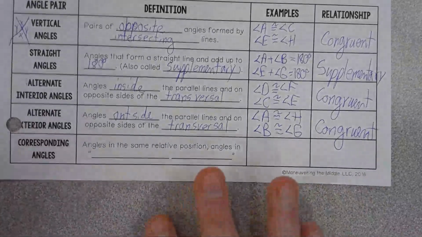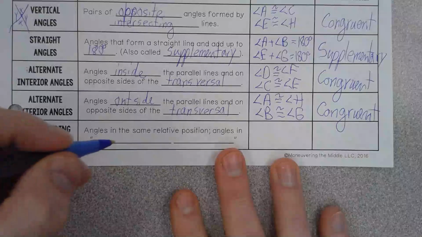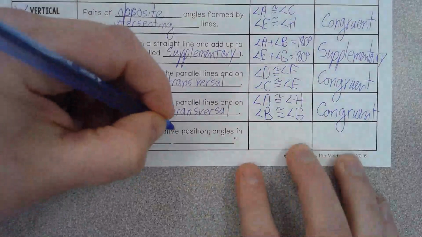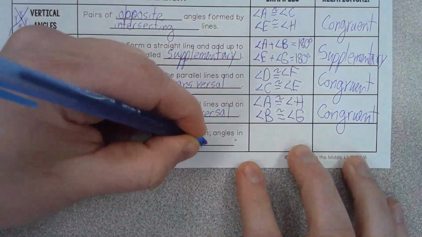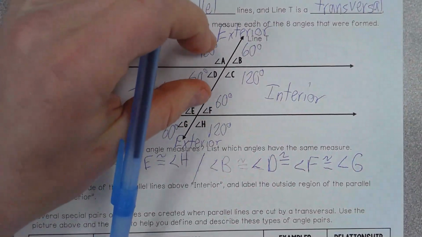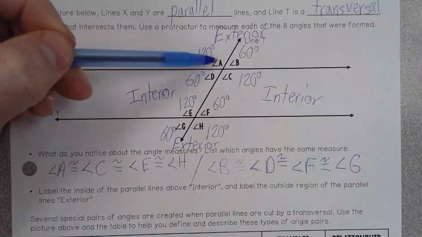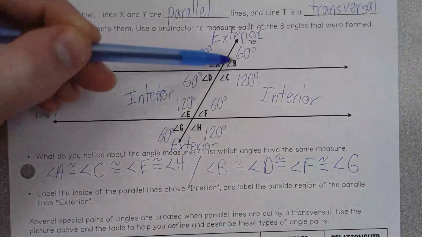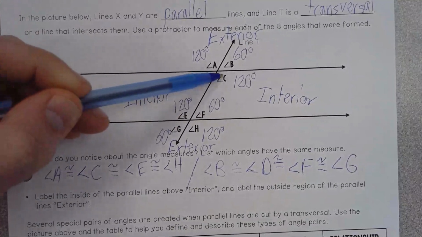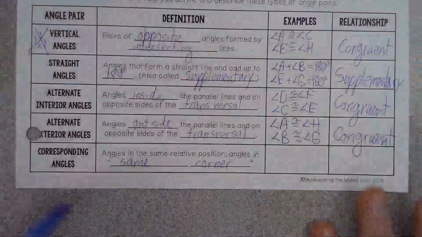Finally, last set of congruent angles. Angles in the same relative positions. Angles in the same corner. So basically, if I take this and I copy it and I put it right here, some angles are going to match up with one another. A is going to fall on top of E, B is going to fall on top of F, D is going to fall on top of G, C is going to fall on top of H. Those are all examples of corresponding angles.